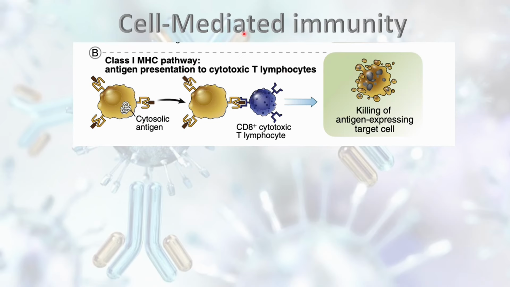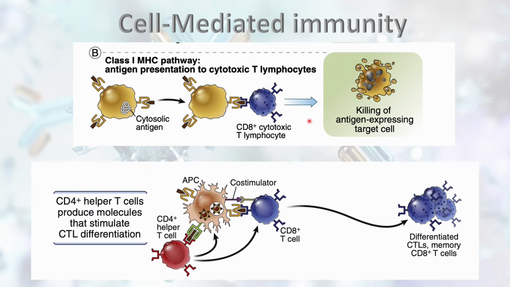So let's move on to cell-mediated immunity. Like I said, if you have a cytosolic antigen, maybe a virus, for example, that infected a hepatocyte, this is foreign, and so it will be presented on MHC1 to the CD8 T cell and will kill it. Now, you might think, what's the role of the CD4 T cell if the CD8 can just kill it?